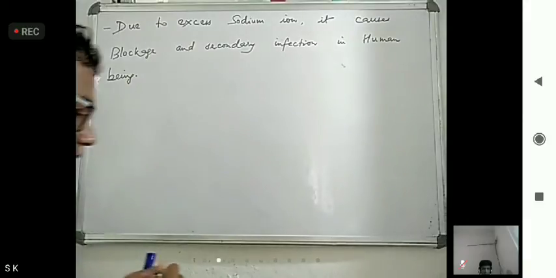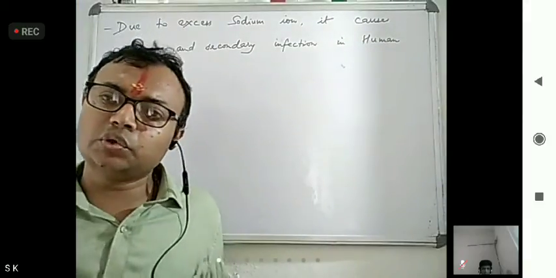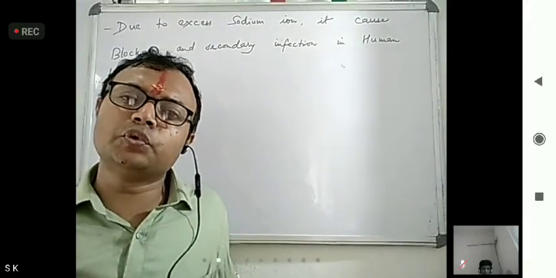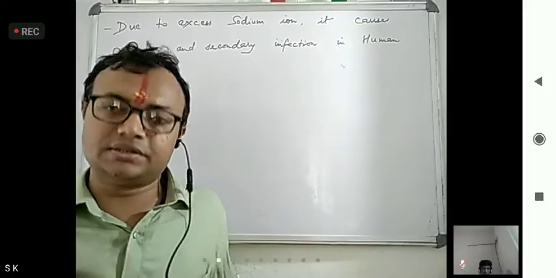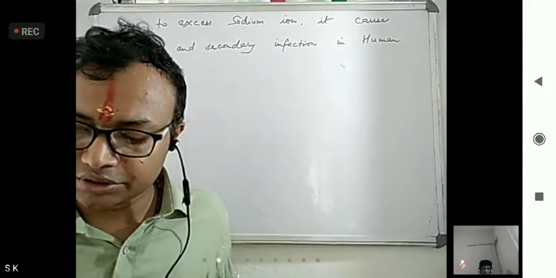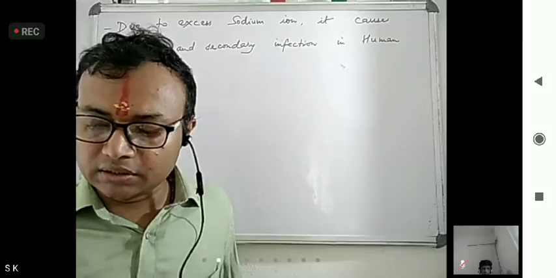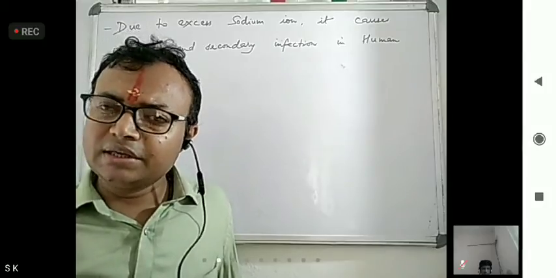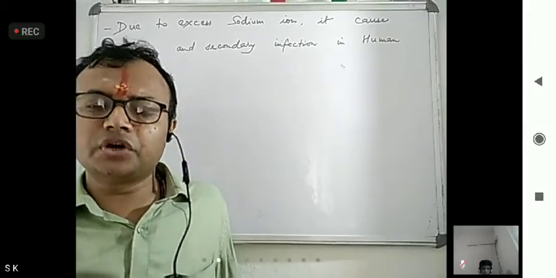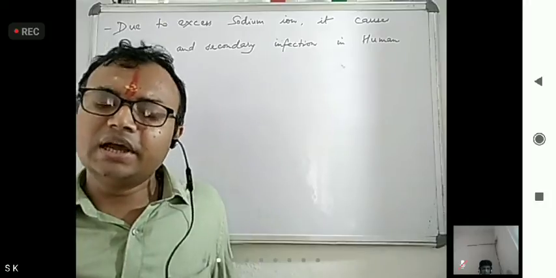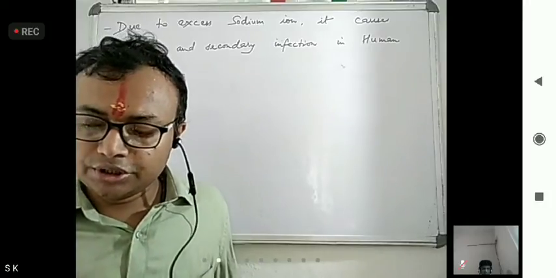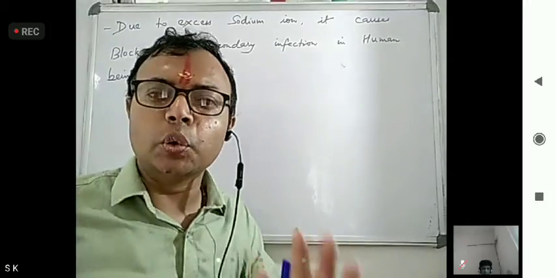Okay, now here the chloride ion transport mechanism fails in this syndrome. Another symptom is that huge mucus formation happens, and that's why it is also known as mucoviscidosis.